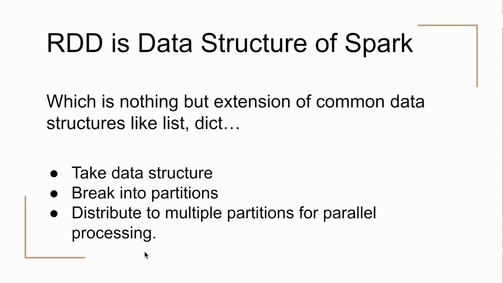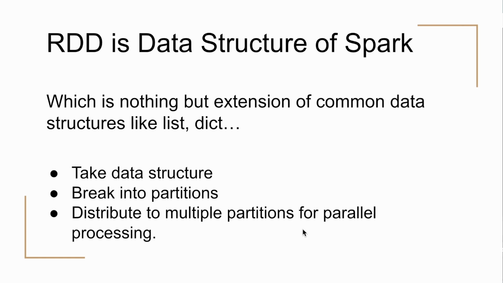Spark has to deal with this. We need not worry about it at all. RDD is the data structure of Spark. While traditional data structures store data on a single machine, RDD organizes and stores data across many machines, making it a powerhouse for handling large-scale distributed computing tasks in Spark.